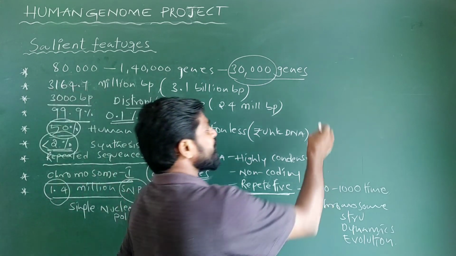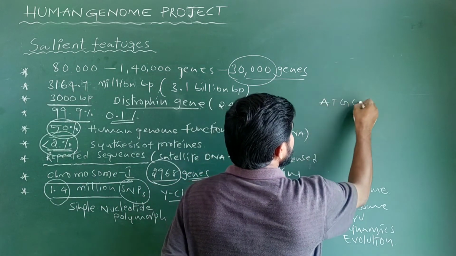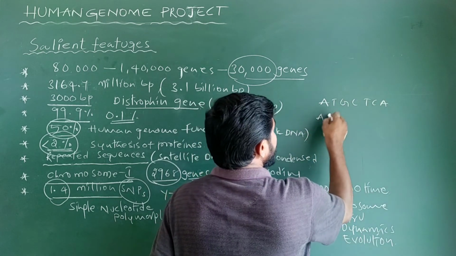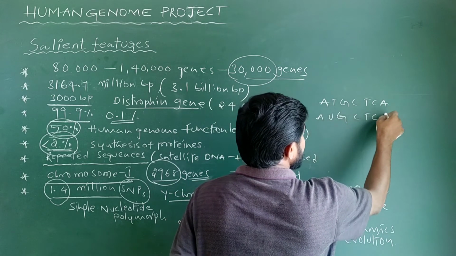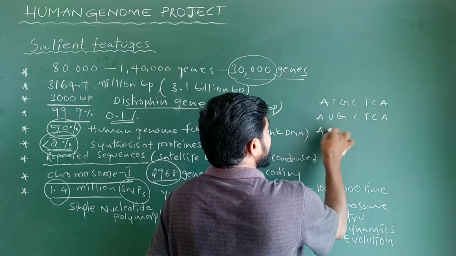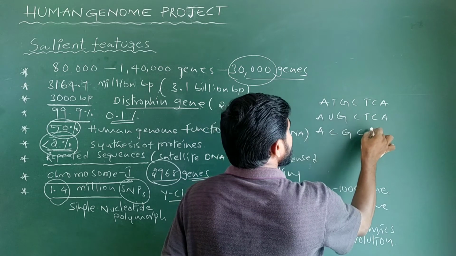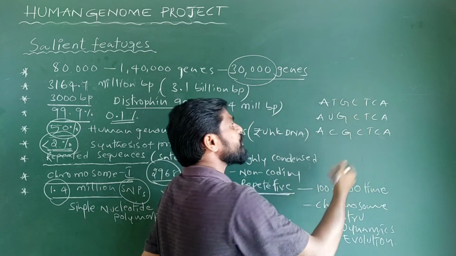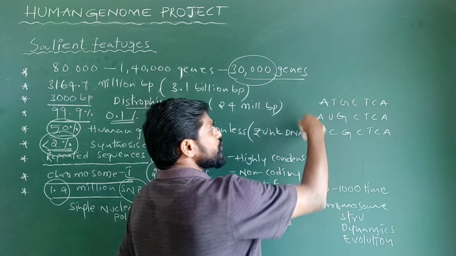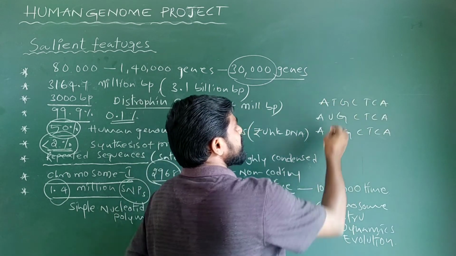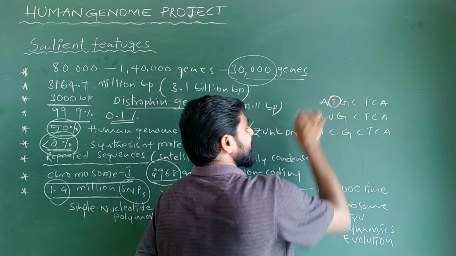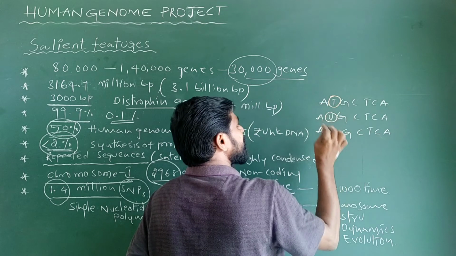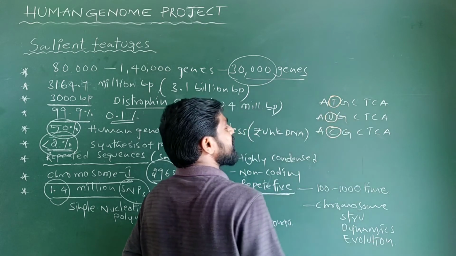Say, for example, ATGC-TCA is a sequence, AUGC-TCA is another sequence, ACGC-TCA is another sequence. These are different sequences of DNA which almost look similar, but they differ by a single nucleotide. Here at the second position it has thymidine, uridine, and cytidine.